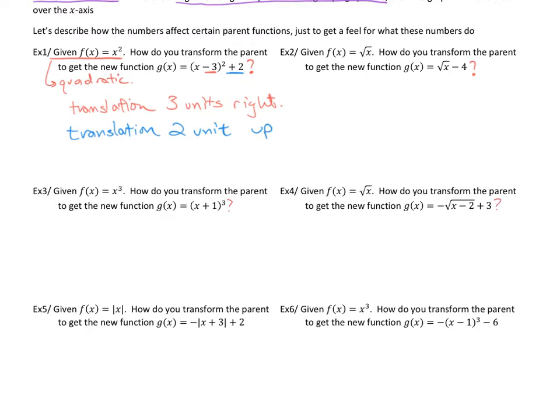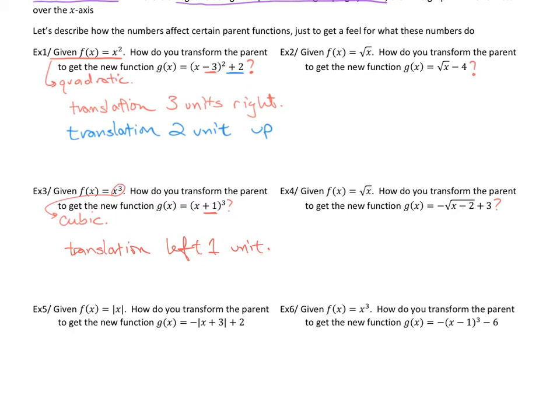So we come down here and we have x cubed. This is a cubic parent function. And so how do you transform the parent function, this thing, to get this new function? Well, I'm going to underline the number that we have here. That's plus 1. So that will be a translation left 1 unit.